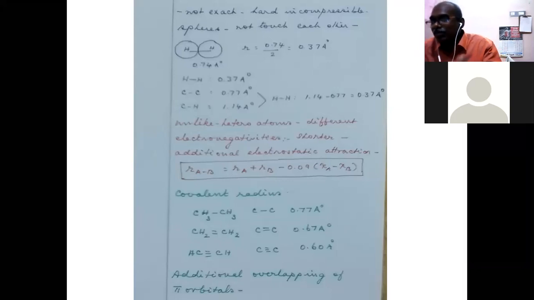So when the number of pi bonds increases, the additional overlapping also increases, and because of the additional overlapping, the bond distance decreases. That is, the atoms are closer. Therefore, the covalent radius is shorter and shorter in compounds where more overlapping is found.